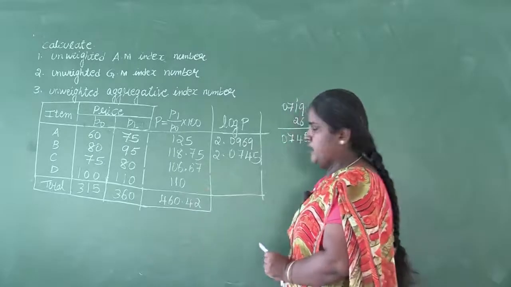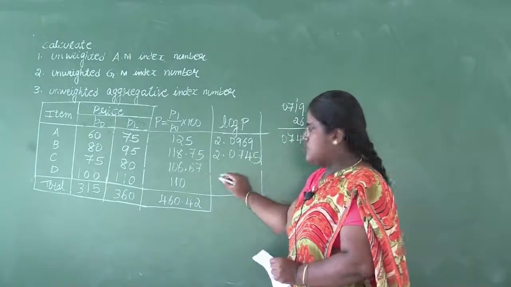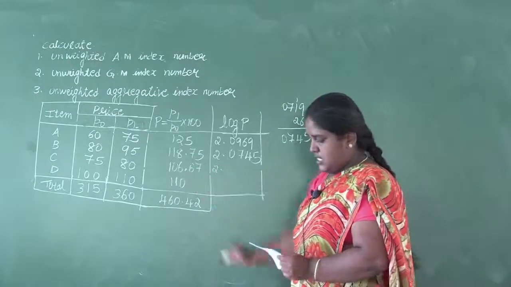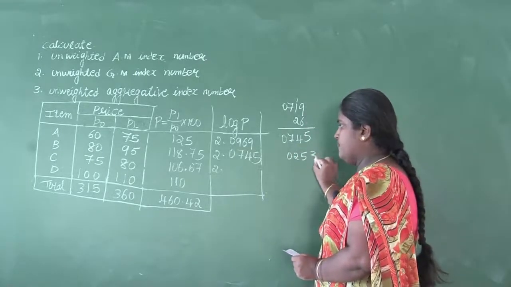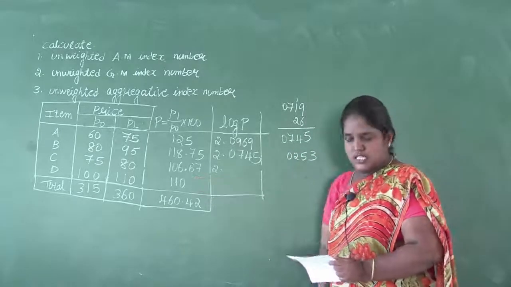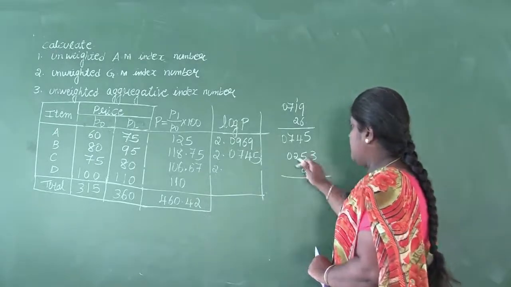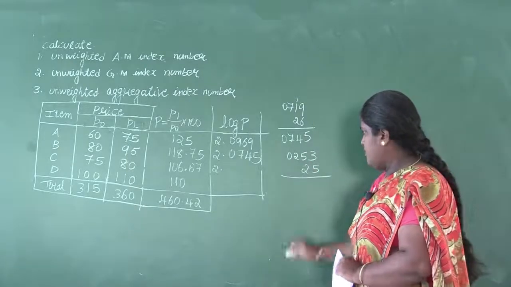For the next one, 106.67. Again it is a 3-digit number, so 3 minus 1 gives 2, so 2 point. 10 under 6 is 0253. Then mean difference 6, which is 25. Since we have 0 in the beginning, we are going to add it manually.